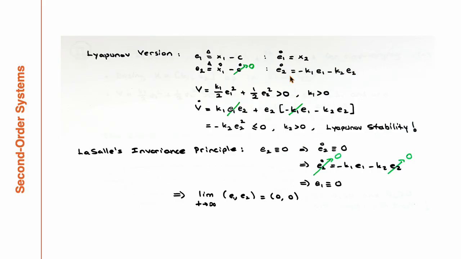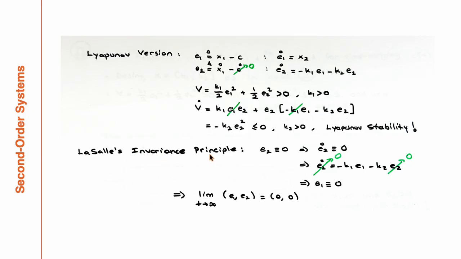I am taking this equation and inserting e2 equals 0 from here, and e2 dot equals 0, which means e1 equals 0, meaning that V dot becomes identically 0 only when e2 is 0 and e1 is 0. Which is perfect, because I dissipate energy when I lie on my bed, meaning that I sleep. So at my equilibrium, when e1 and e2 go to 0, that's where I dissipate energy based on LaSalle's invariance principle.